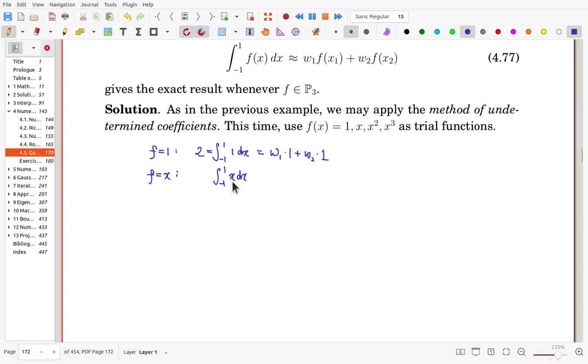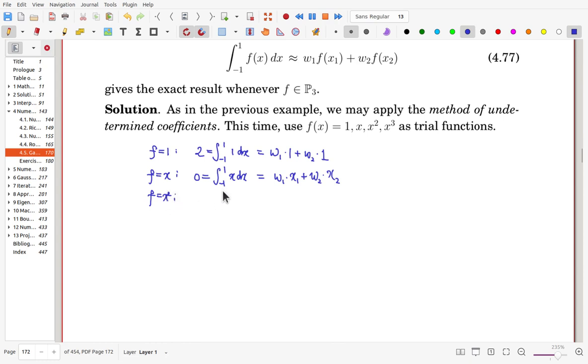Now this is an odd function on a symmetric interval, so it must be 0. And the right side is w1 times x1 plus w2 times x2. How about f as x squared?